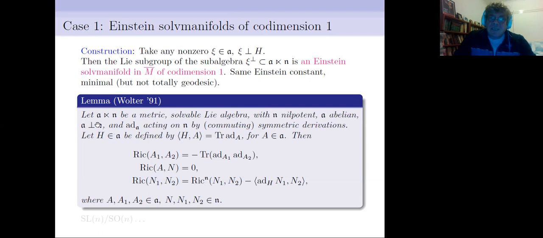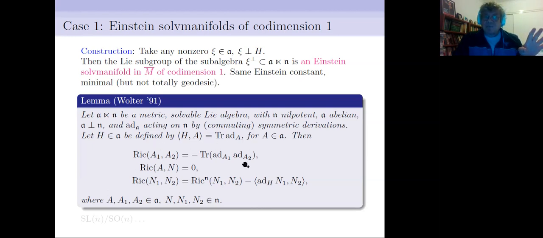And the metric is such that A and n are perpendicular, and then ad A acts, of course, by commuting derivations of n, but on top of that by derivations symmetric with respect to our inner product. And then we define our H as before, but this time with the correct formula.